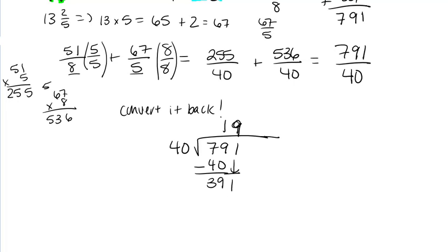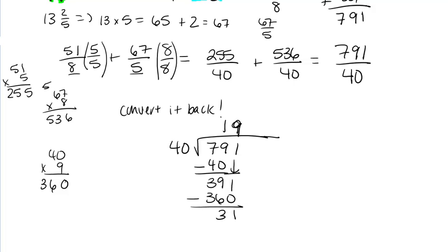So 40 times 9, if you're not sure, go 0 times 9 is 0, 4 times 9 is 36. So we're left with 360. So we subtract, and we get 1, 3, and 0.